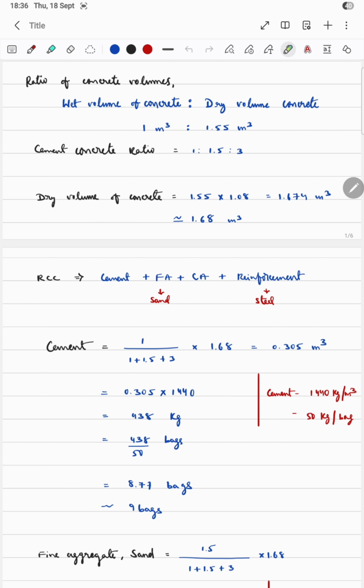In the question, we have been given the concrete ratio as 1:1.5:3. In this, 1 is the cement, 1.5 is the sand, and 3 is the coarse aggregate.